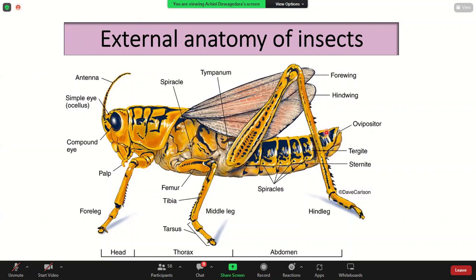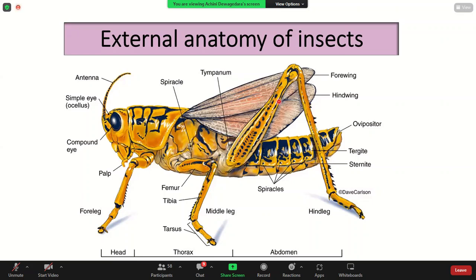So in today's lecture, first we will look into the parts available in the head, then the thorax and abdomen. Okay, so that's how we are going to learn today. And as you see here, can you identify any parts that you already know?